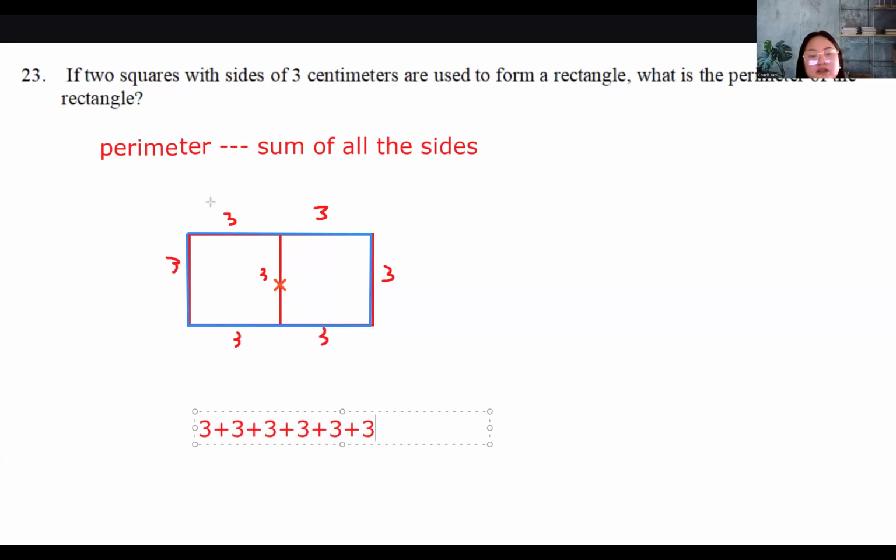So which threes are included? This, this, this, this, this, and this. The inside line is not included in the perimeter. So if you add all of that, that is going to be 18. And that is the answer.